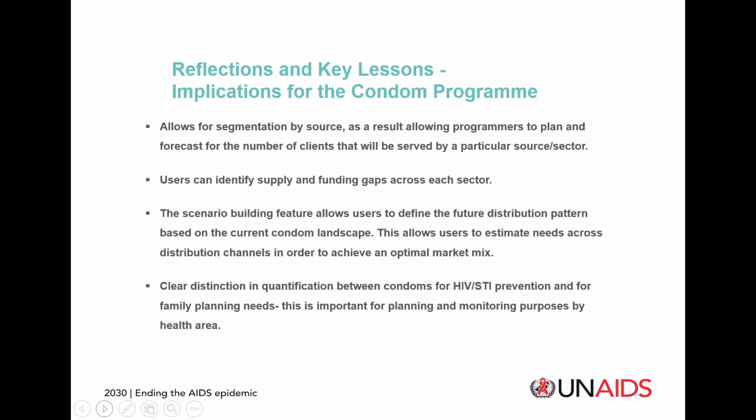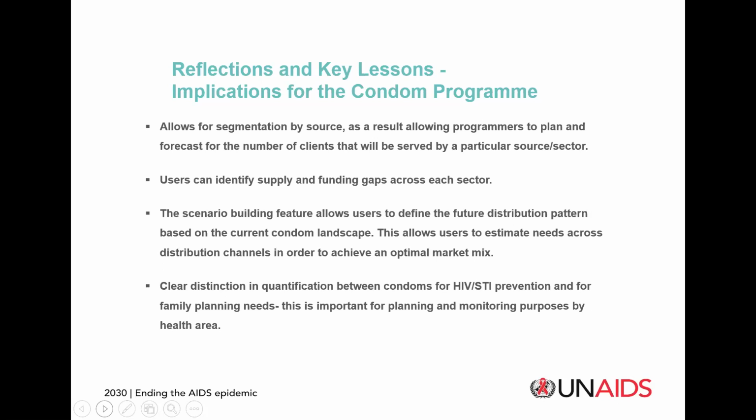Also, the users can identify supply and funding gaps across each sector. It also allows for scenario building. The scenario building feature allows users to define the future distribution pattern based on the current condom landscape. So it allows users to estimate needs across distribution channels in order to achieve an optimal market mix.